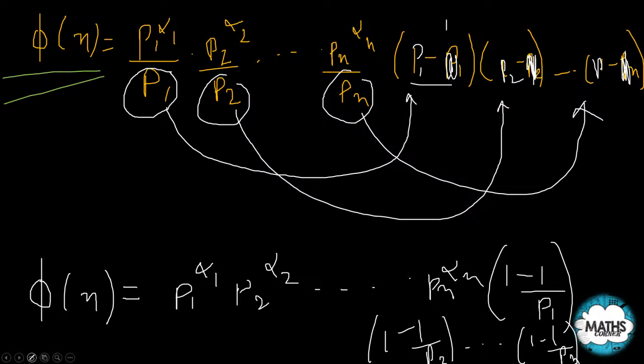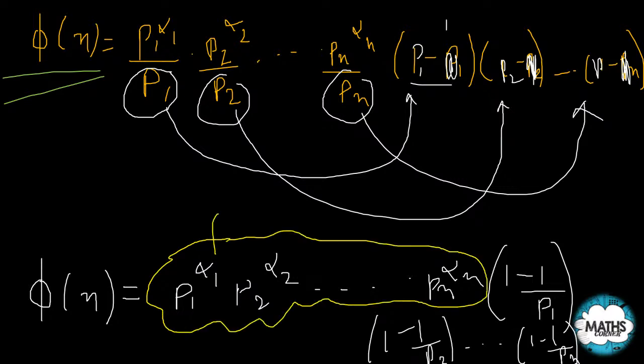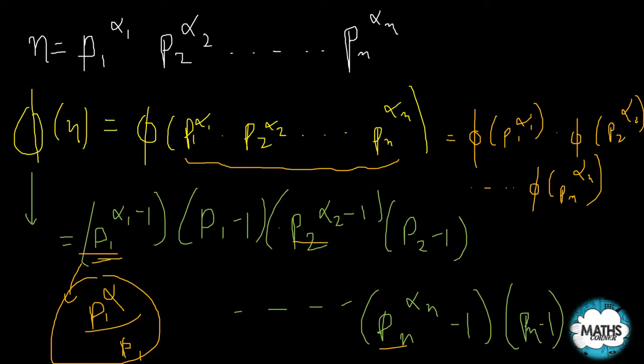Now when we observe this, we get p1 to the power alpha 1, p2 to the power alpha 2, to pn to the power alpha n. This thing is equal to n only, because I have assumed n to be this only. So when I calculate, I get the value of phi of n in terms of n.